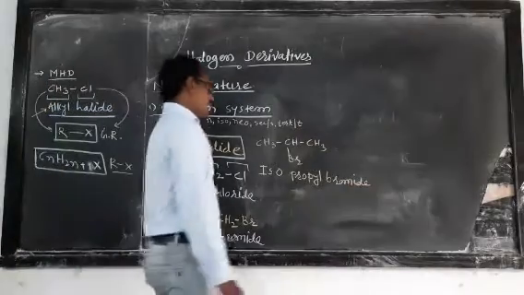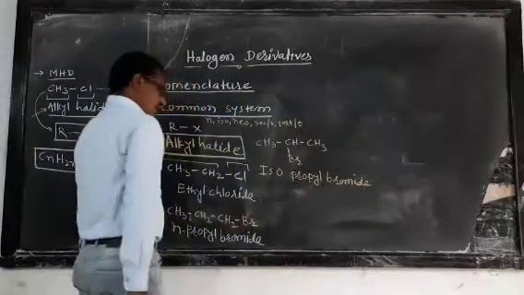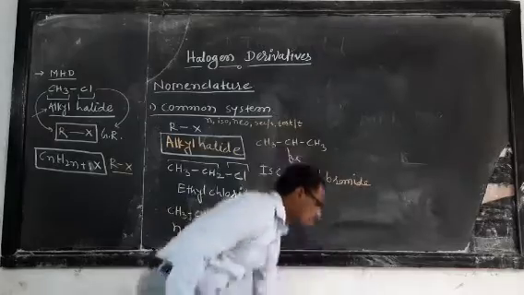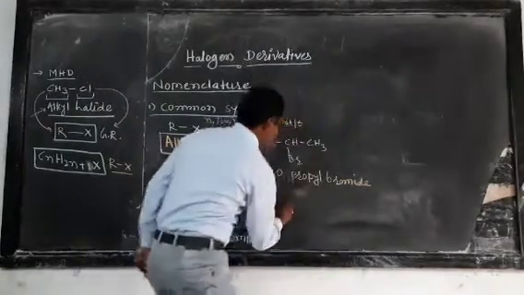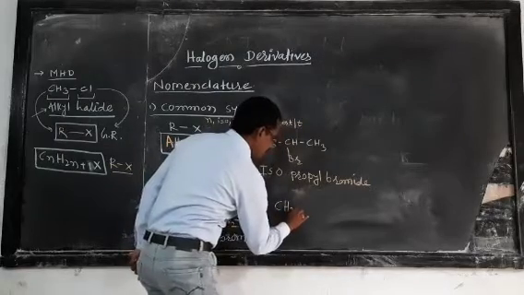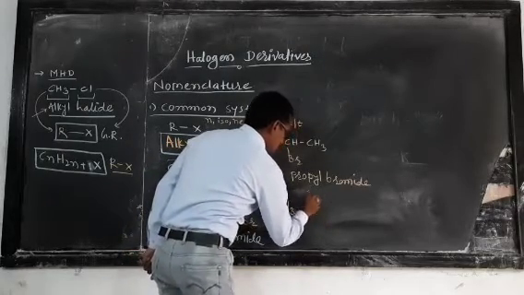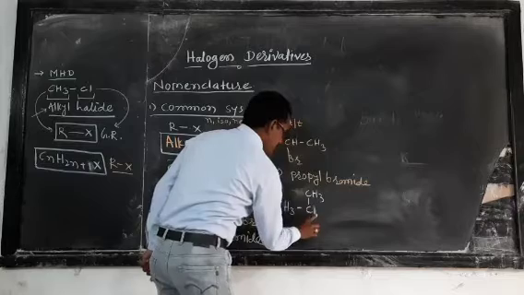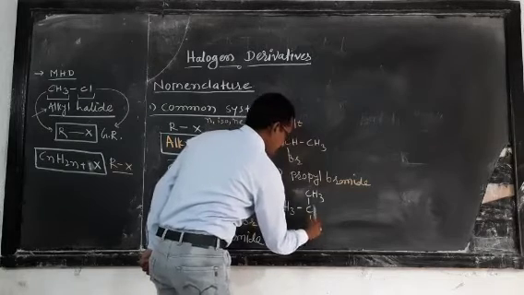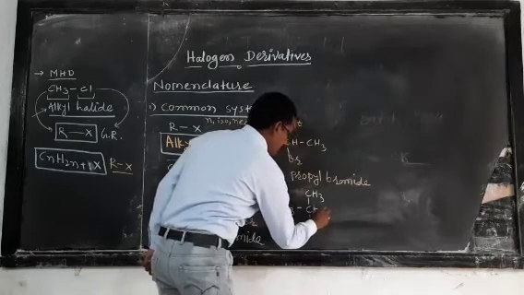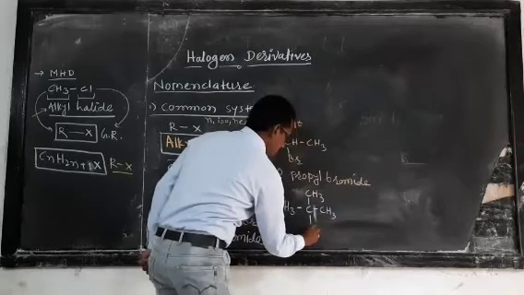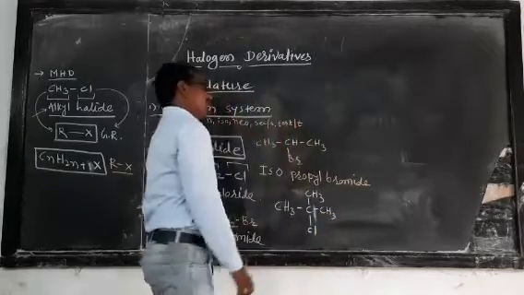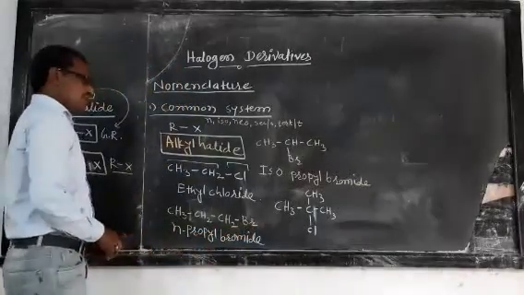Like this way. Another example I want to take here: CH3, CH3, CH3, Cl. What will be the name here?